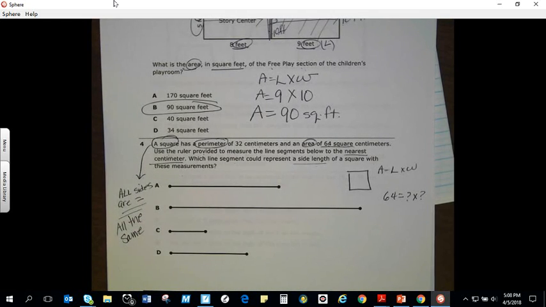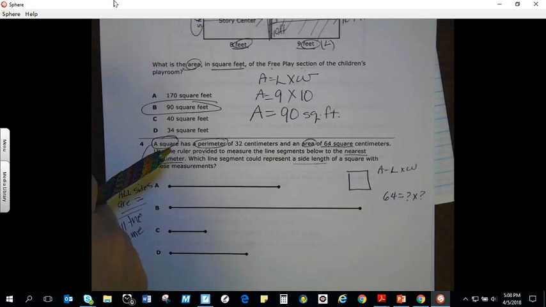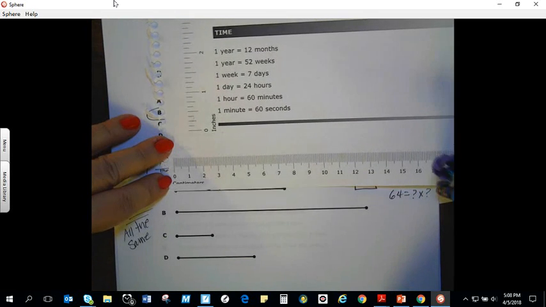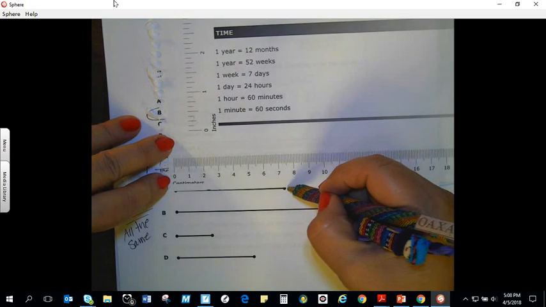Okay, so it said in centimeters. So again, you are going to have a ruler. I hate to take my page out, but I guess I'm forced to take it. Got the third page. All right, so you're going to have this ruler that's in your section, and I'm going to go from 0.